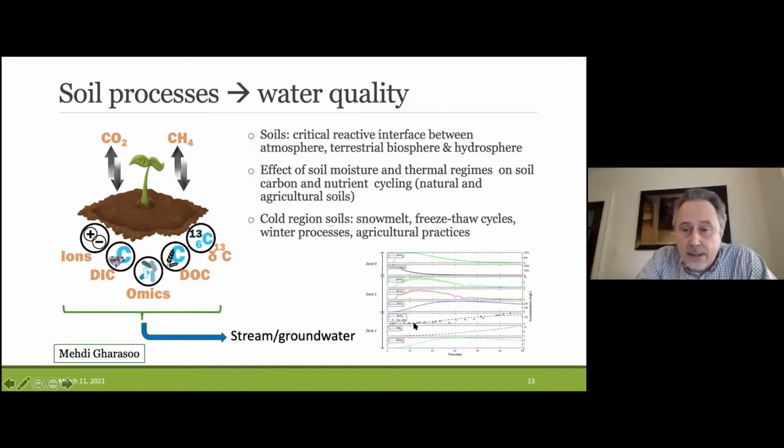And just as an example here, these are the results of a reactive transport modeling project, where Mehdi developed a model to account for the leaching of nitrogen from fertilizer that's applied at the end of the fall by farmers, so that essentially by the time the spring starts, the nutrients would be available for crop uptake. And so this was done under simulated freeze-thaw cycles and freezing of soils also during the winter period, so over a fairly long time period.